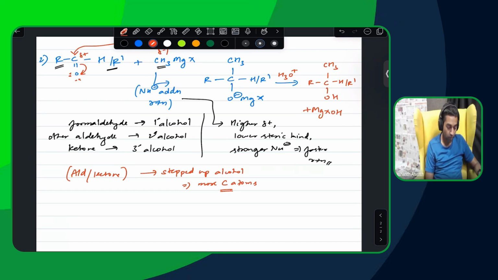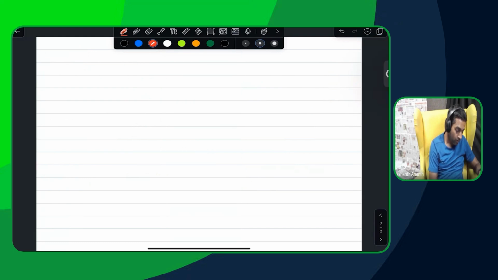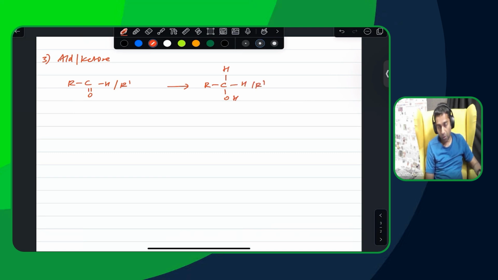Now, if I want to get the same thing, for instance, let's say I'm interested in an aldehyde or ketone, say R C double bond O / R dash, I want to convert this into R CH(OH) / R dash. What should I be doing over here?